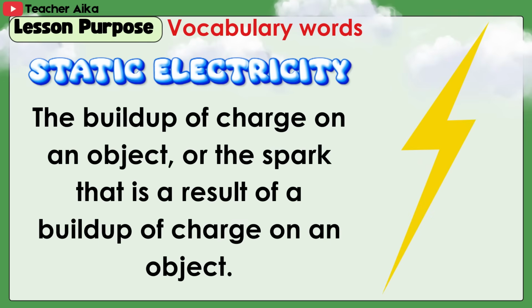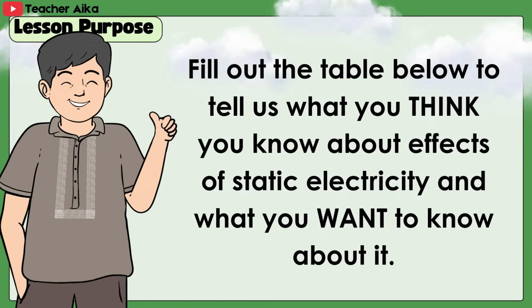Static electricity, the build-up of charge on an object or the spark that is a result of a build-up of charge on an object. Fill out the table below to tell us what you think you know about effects of static electricity and what you want to know about it.